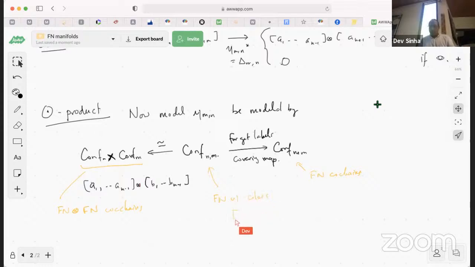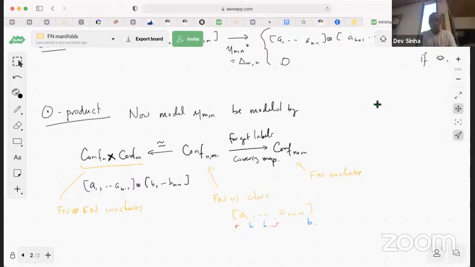So I have my A1 through AN plus M, but I also have a sequence of colors that starts to the left, but continues. So maybe the first point is red, the second point is blue, the third point is blue, and maybe red again. And then maybe my last point is blue. So we have some additional data because we've got these two colors.